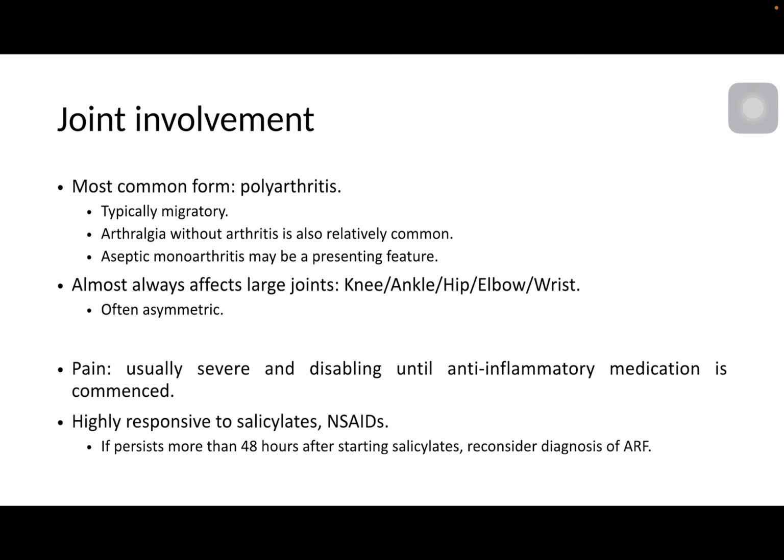Now let's talk about each and every manifestation in brief detail. This is very important. Joint involvement is typically migratory. Arthralgia without arthritis is also relatively common, so there is pain but no arthritis.